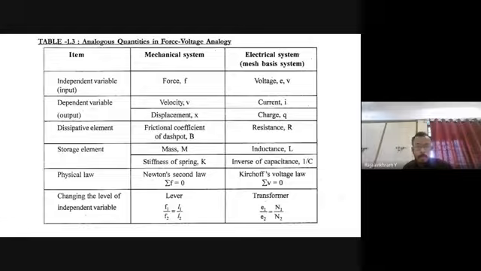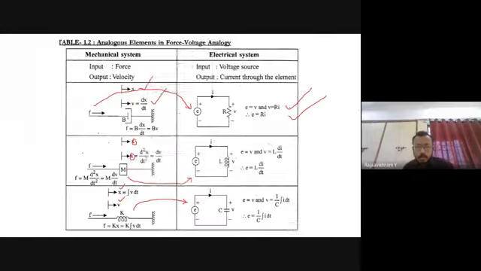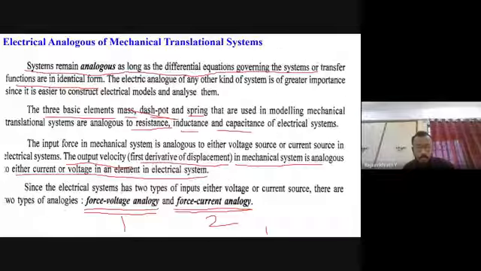Notice this. Force voltage, displacement, storage around mass. Mass is considered as inductance and resistance is considered as a dashpot. Here it is wrong, so please change this. Mass is inductance and the dashpot is the resistance.